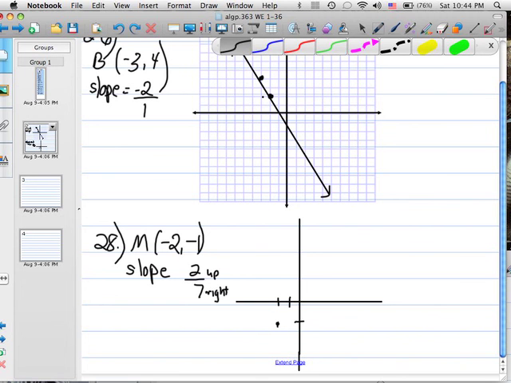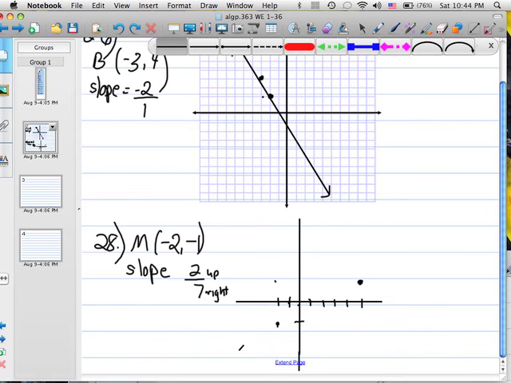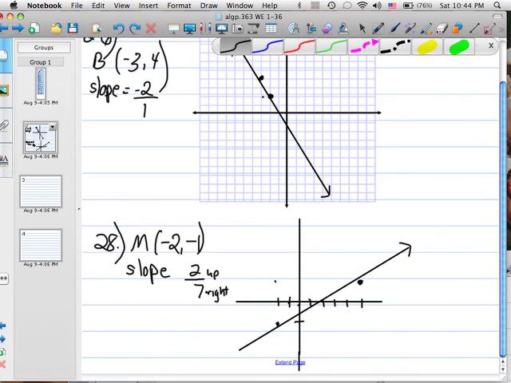So up 2, 1, 2, and right 7. 1, 2, 3, 4, 5, 6, 7. Up 2, right 7. And you connect those 2 points, and that's the line. Just make sure they go through the points, kind of.